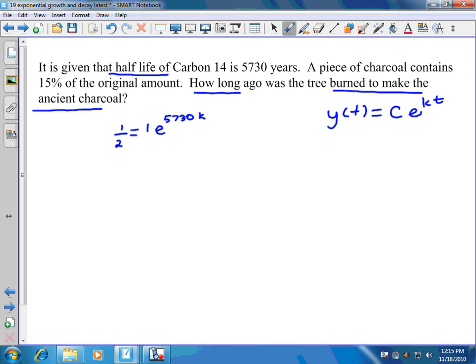So the final amount is a half, it's decaying. Initial amount is 1, time is 5,730, and K is the unknown. Let's solve for K to see what the decay constant is, and then we can answer the original question. So I will apply natural log to both sides.